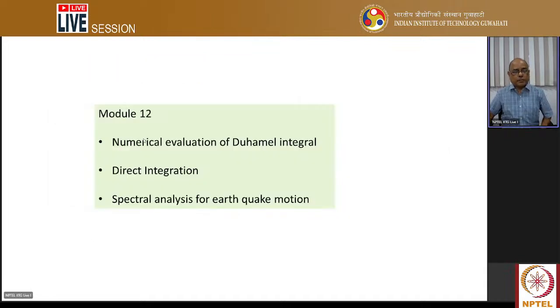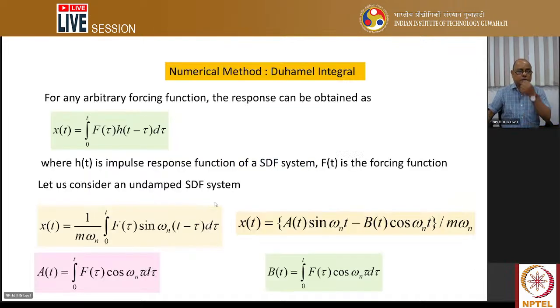Then in module 12, we have discussed the Duhamel integral, numerical evaluation of the Duhamel integral and direct integration scheme, and then spectral analysis for earthquake motion. We have discussed this Duhamel integral is this, and after decomposing it, we find that it can be written like that, where AT and BT are the integrals that can be obtained.